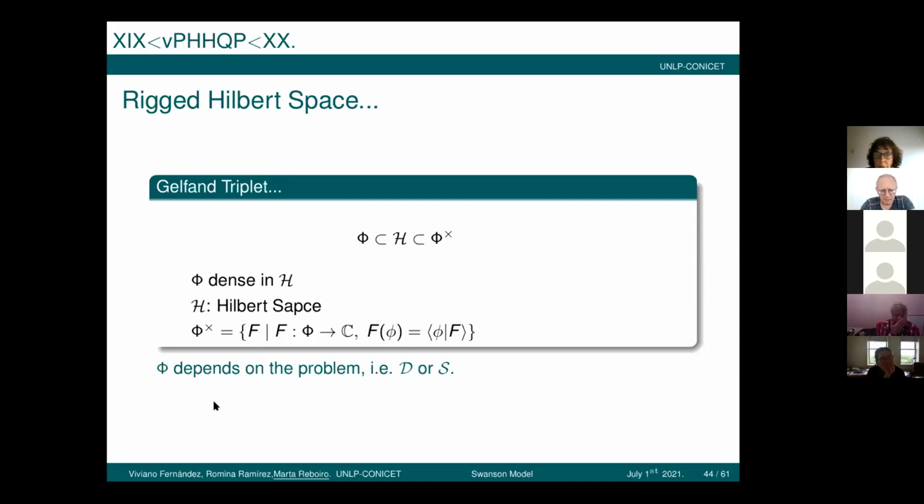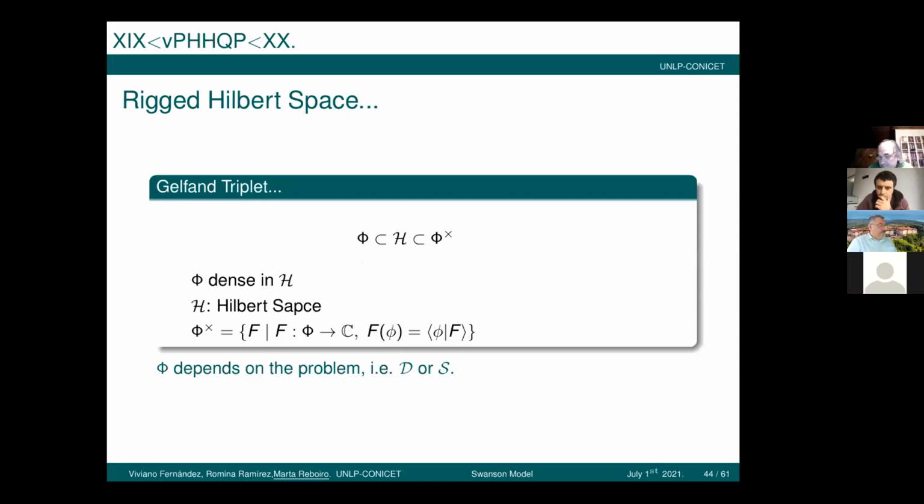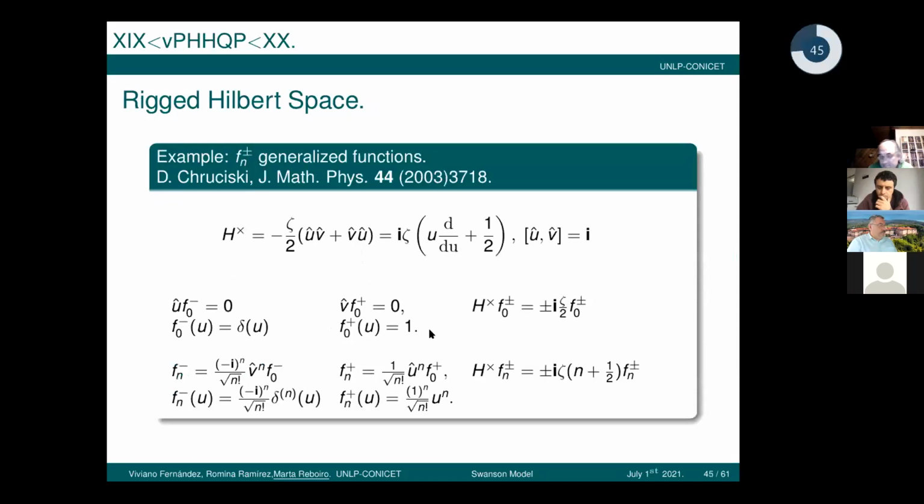Depending on the problem, the space phi is a compact space or a Schwartz space. Let us review the essentials of it.